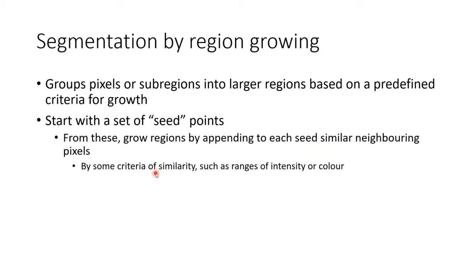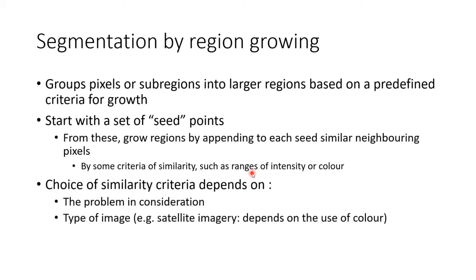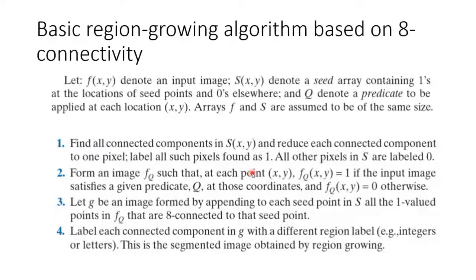Or I may segment in terms of texture. This will give a distinct region growing method, a distinct similarity criteria. And remember that texture is measured by the standard deviation of pixels in a region. The choice of similarity criteria depends on the problem in consideration, and obviously the type of image is also important.